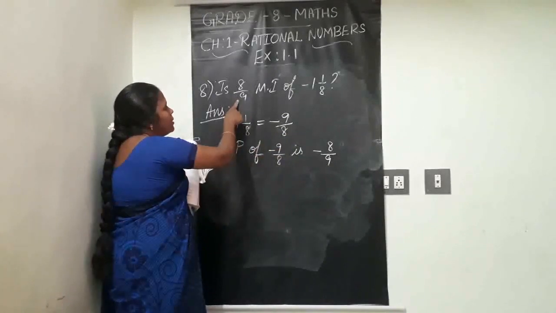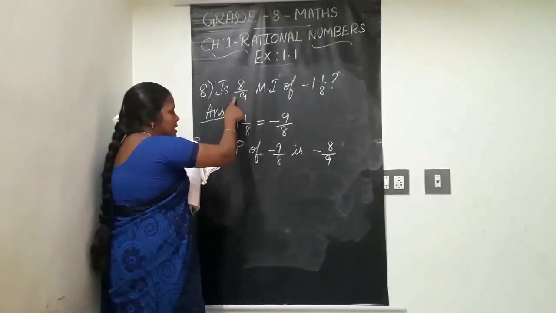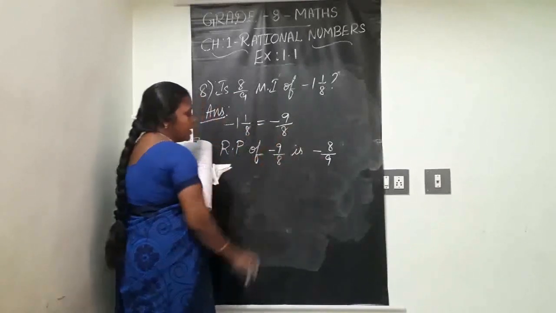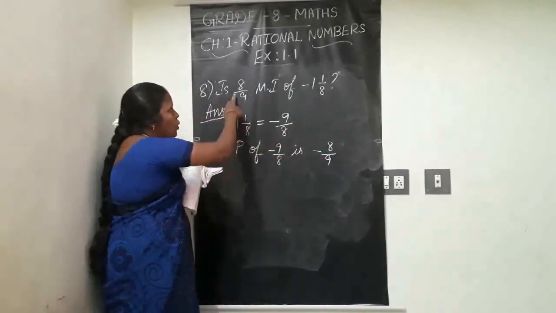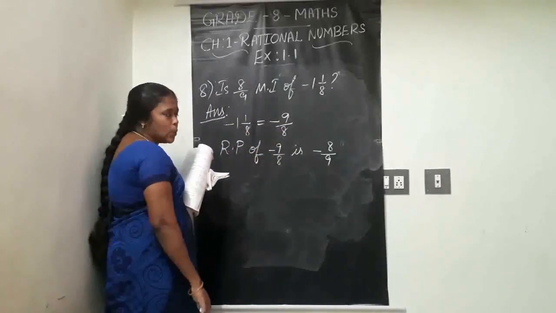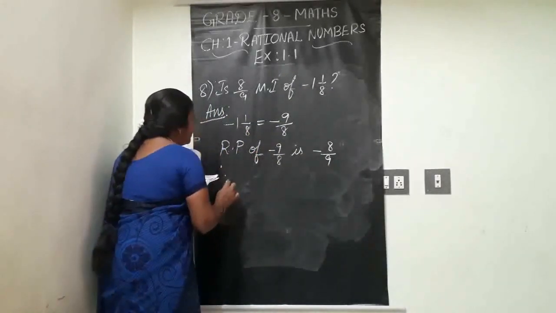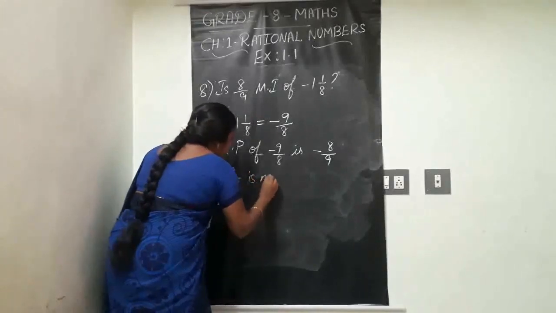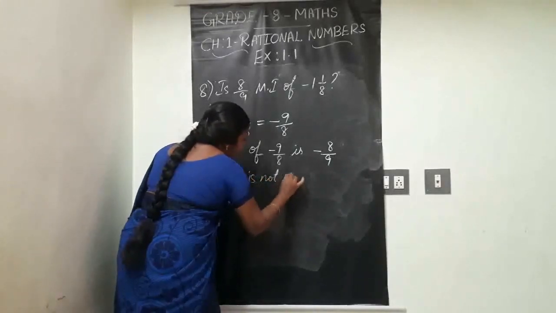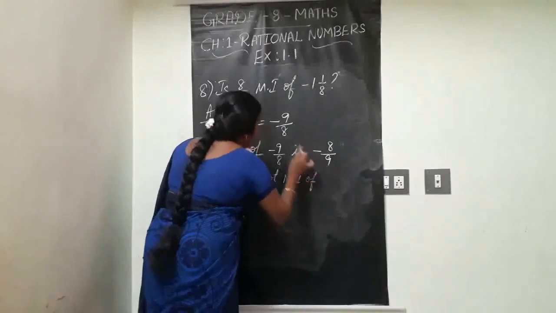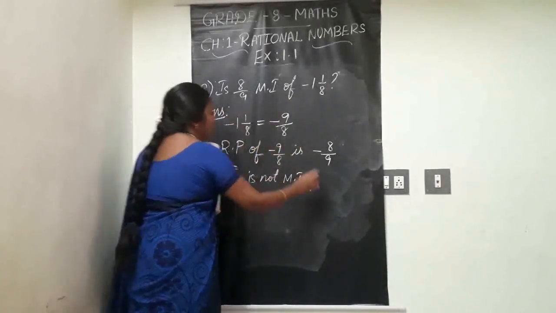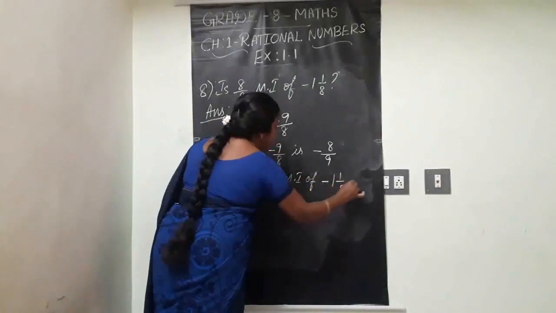The given one is plus. We got this reciprocal as minus, that means a negative number. Both are not equal. So we can tell 8 by 9 is not the multiplicative inverse of minus 9 by 8, which is nothing but minus 1 by 8.